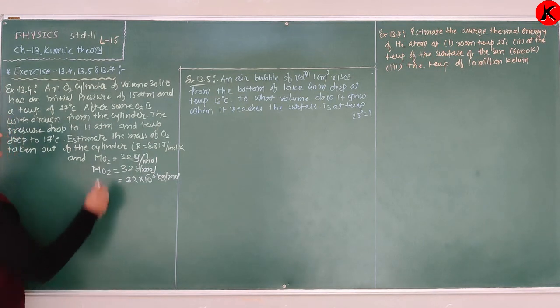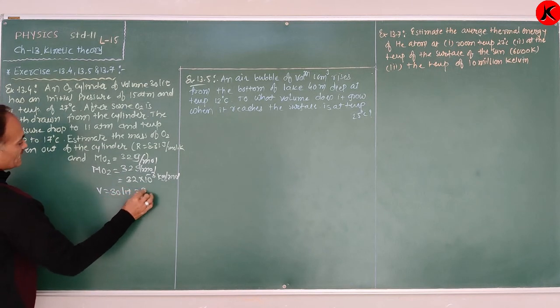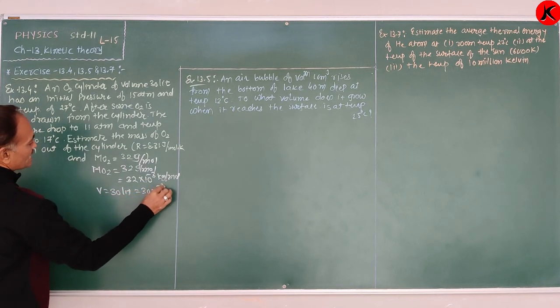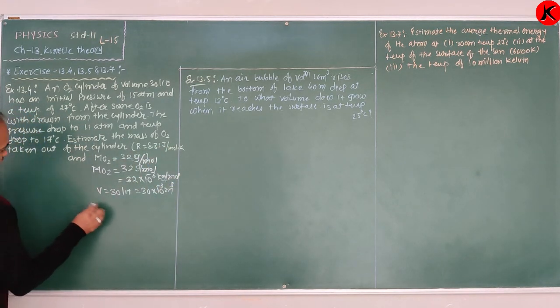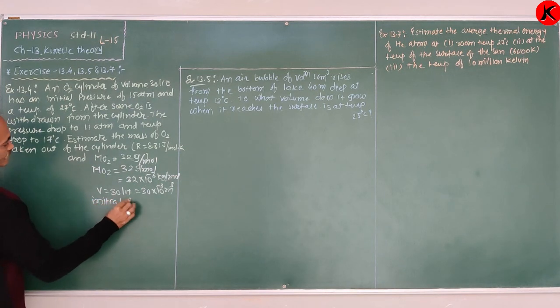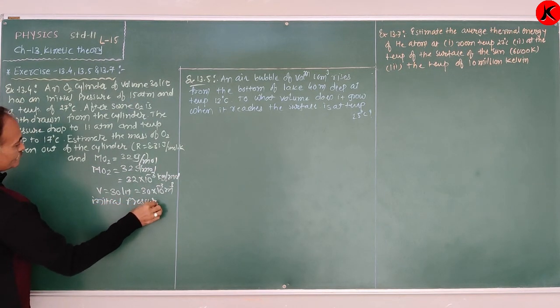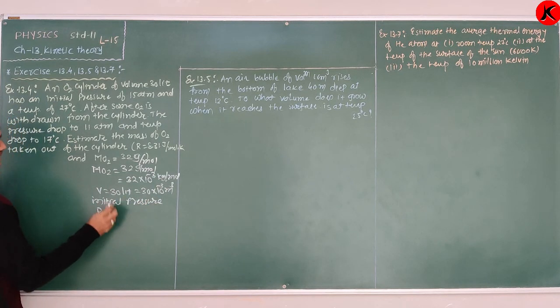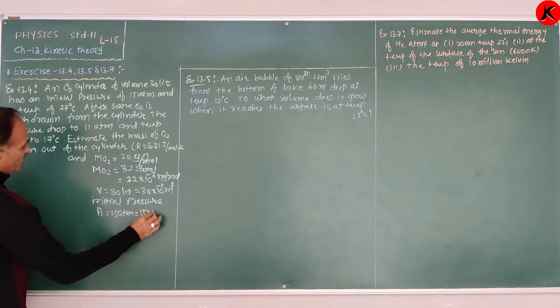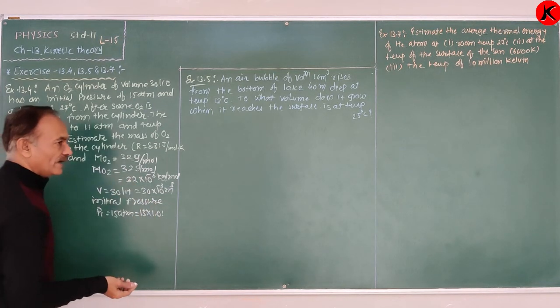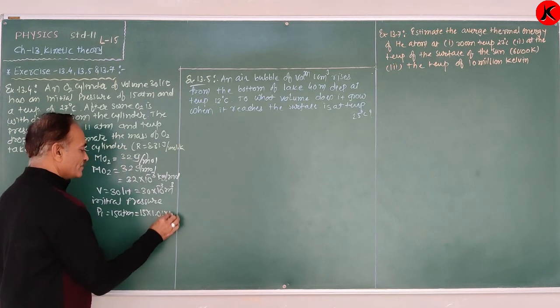Now volume is given as 30 liter, that is 30 into 10 raised to minus 3 meter cube. Initial pressure P1 is given as 15 atm. This is equal to 15 into 1.01 into 10 raised to 5 Newton per meter square.